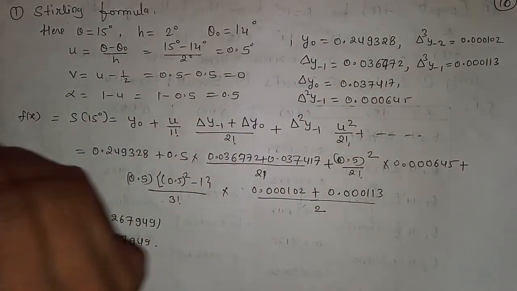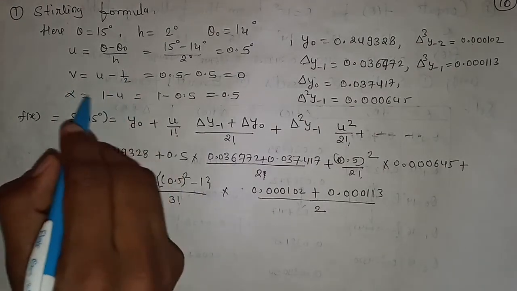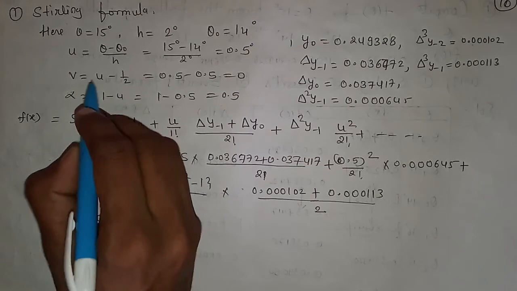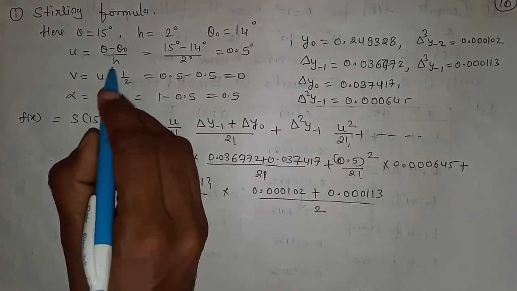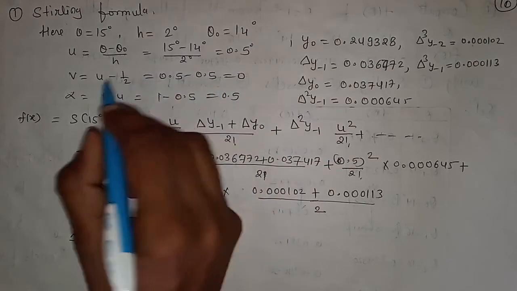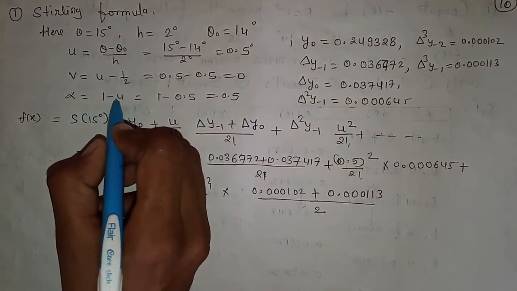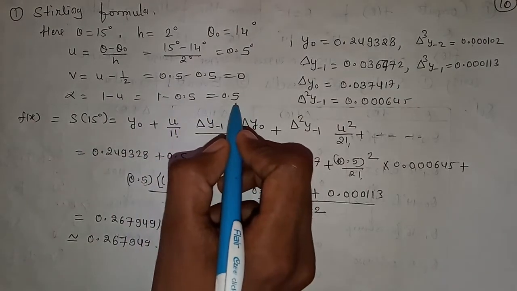As we know, we also need v and alpha, so I have calculated v and alpha here. v is u minus half. We have u as half, and minus half is 0, so we get v as 0. Now alpha is 1 minus u, so 1 minus 0.5 is 0.5.